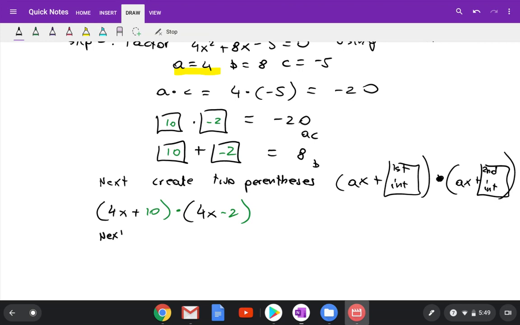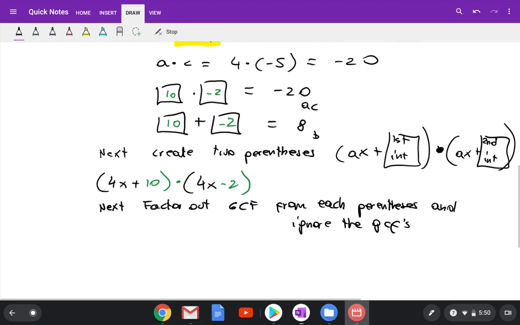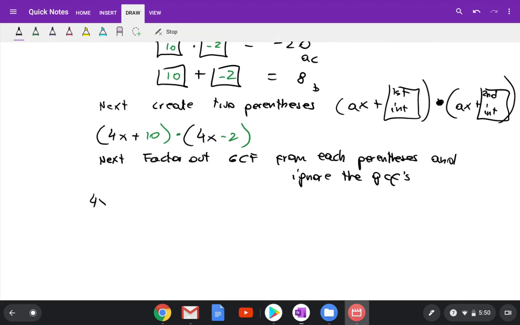Next, factor out the GCF from each parenthesis and ignore the GCFs. So this is what we have. We have 4x plus 10, that's our first parenthesis. We have to factor out the GCF, which in this case will be 2. So let's factor out 2.